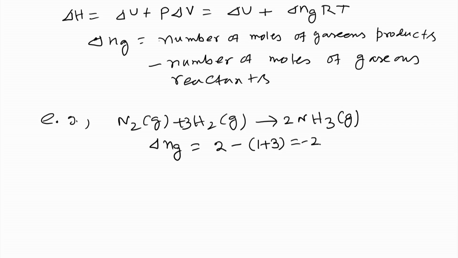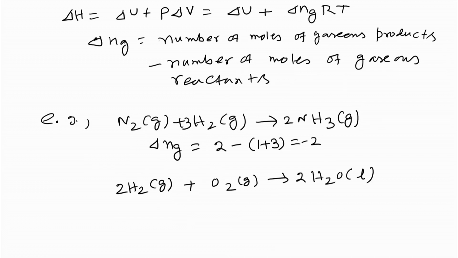This is one example. The second example is where you consider H2 reacting to form liquid water. So delta Ng for this reaction is minus 3, because the molar volume of liquid water is much smaller than the molar volume of gas.